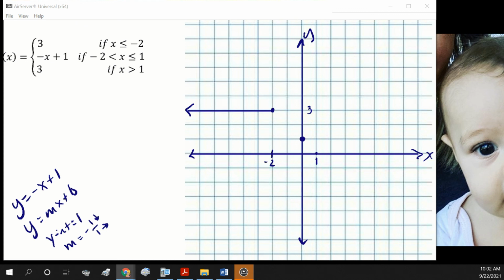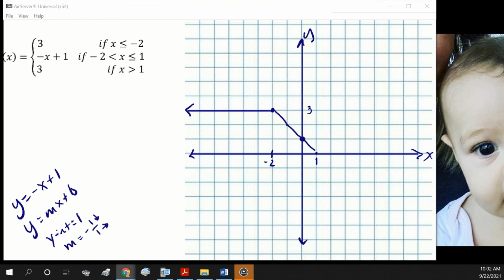Now, my point at -2, like we can continue the slope in that direction also. My point at -2 should be open. So what happens if you do an open circle on top of a solid circle? It's just a solid circle. I know that's kind of weird, but an open on top of a solid is just a solid.